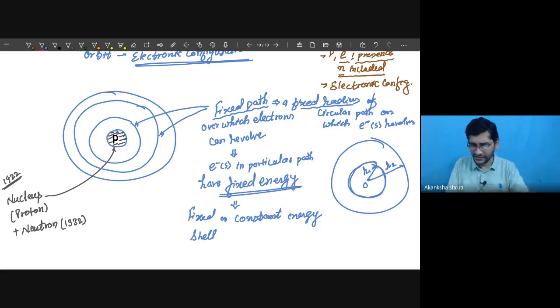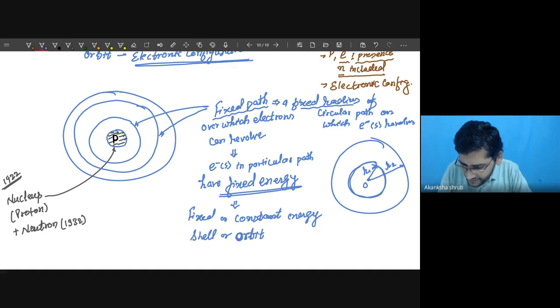Just a hollow path or orbit. It means these circular paths were called orbits. Okay, students? This was his proposition. These were the additional things over Rutherford.